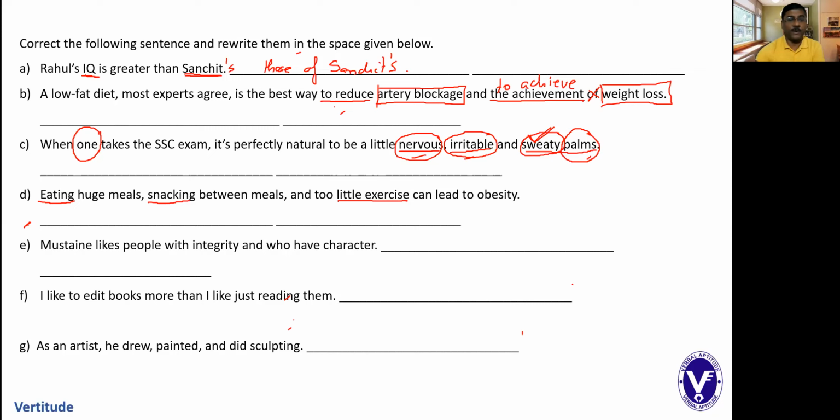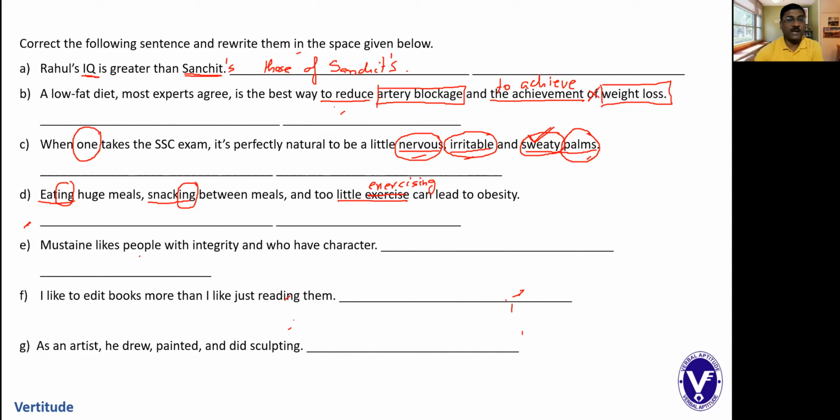Okay, so eating huge meals, snacking between meals, and too little exercise. Now look, here eating is ing, snacking is ing, and here too little exercise. So this is wrong. It should be exercising. Too little exercising can lead to obesity. Only then is the sentence called parallel. Right? Next one.